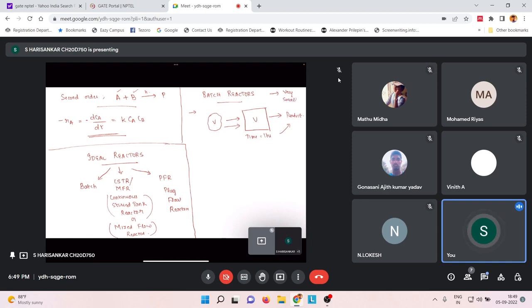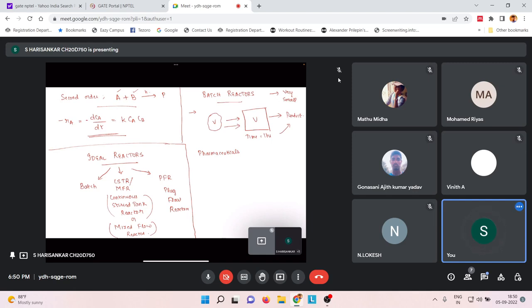So usually batch reactors are not used in industrial scales. One place where batch reactors are used is pharmaceuticals. In pharmaceutical industries, there are cases where you use batch reactors.